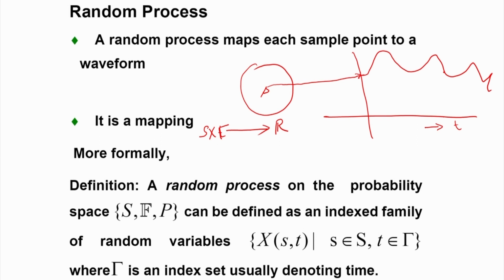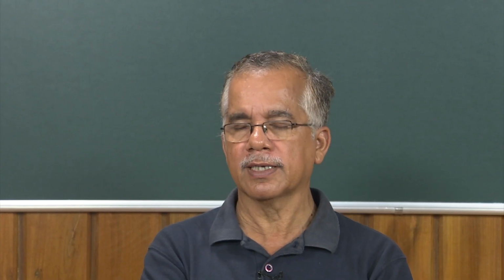So, we can now define a random process. A random process on the probability space (S, F, P) can be defined as an indexed family of random variables X(s, t) such that s belongs to S, t belongs to tau, where tau is an index set usually denoting time. That is why a random process is a function of time, but tau need not be time only, it can be space.